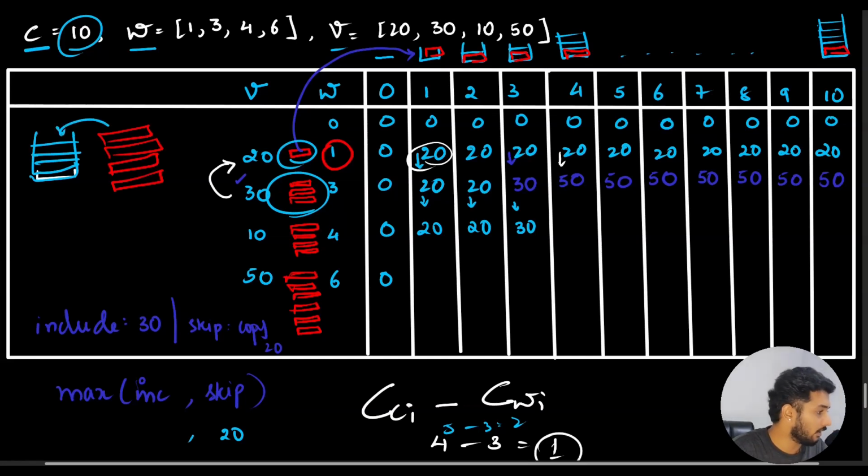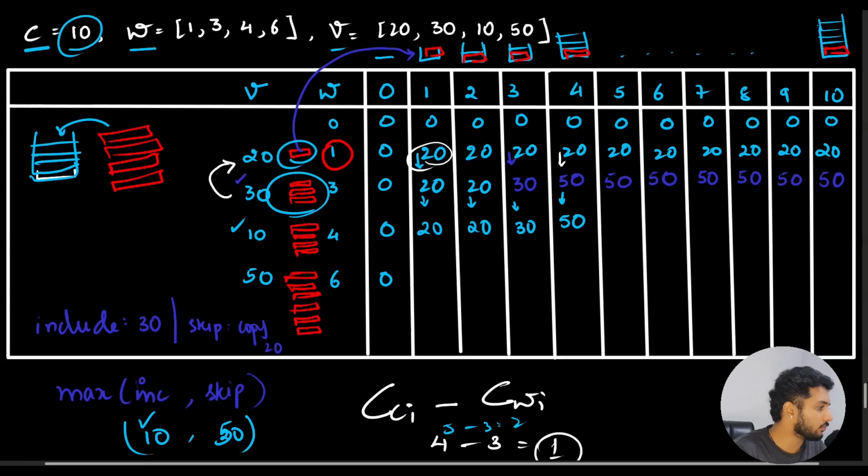If we include all these blocks into this stack, we will be getting 10 as the profit. So if we include is 10. If we skip from the top, it is 50. What's the maximum profit that we can get? By inclusion, it is not going to help us anyway. So we will just skip this and choose the maximum value.